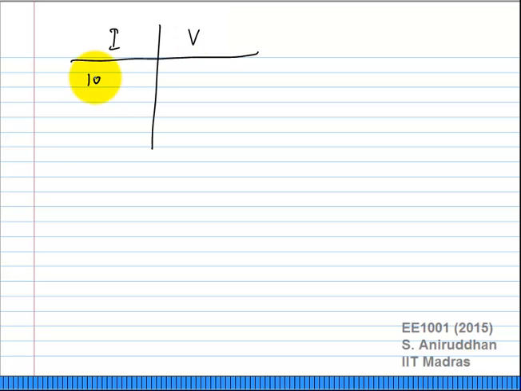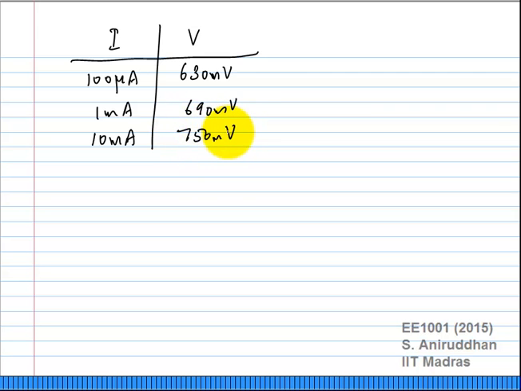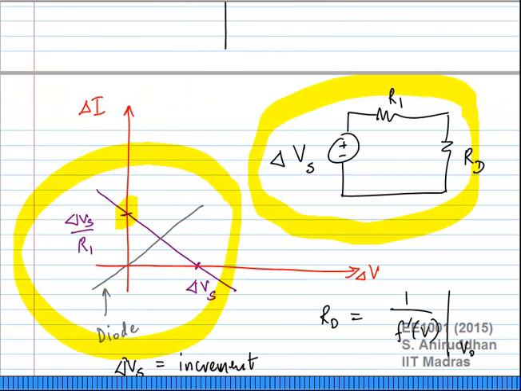I'll say 100 microamps, 1 milliamp and 10 milliamps. And I think the values were, yes, 630 millivolts, 690 millivolts and 750 millivolts.